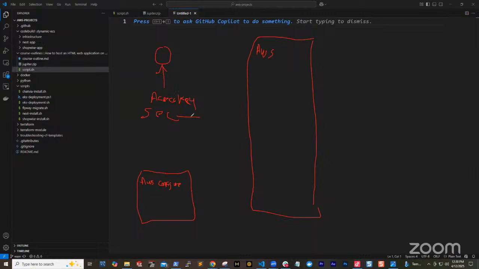This will create a default profile, it is called default, on your computer. So what this default profile means is that anytime you run any AWS CLI command, it would always use this default. You understand?